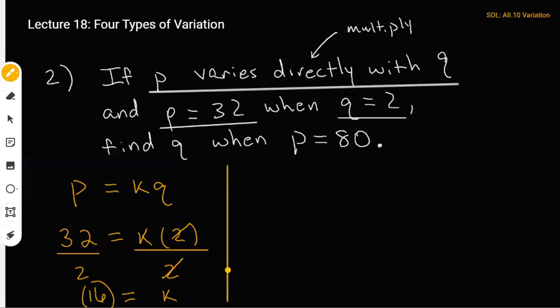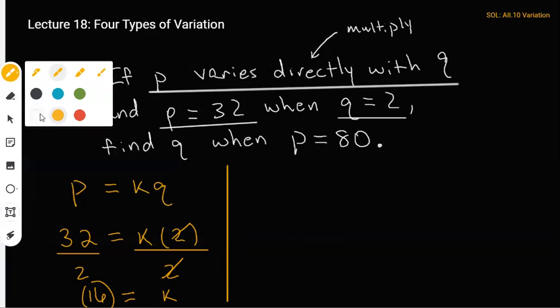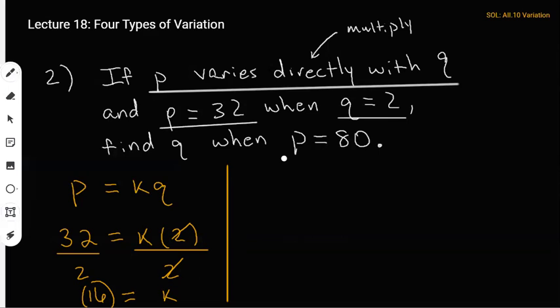But then it gives us one more piece of information to consider. It tells us to find Q when P equals 80. That's the next number that we're going to plug in.